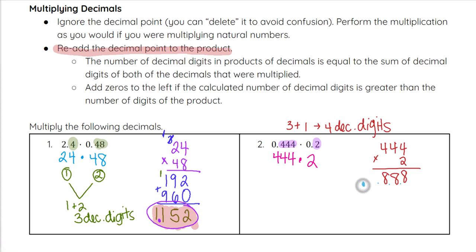If I moved over a 4th one, it's going to go right here. And I do have to put a 0 in that empty spot, that one number that we are missing here, in order to actually answer this problem. So this is going to be 0.0888 to give me the 4 decimal digits. Or if you want to have a whole number in front, technically you can put the 0 there, 0.0888 as my final answer.